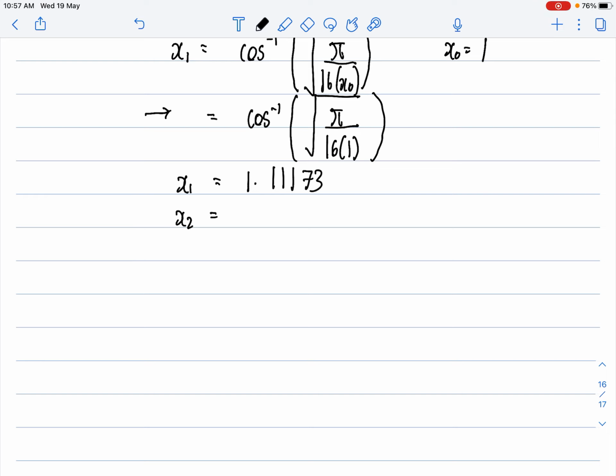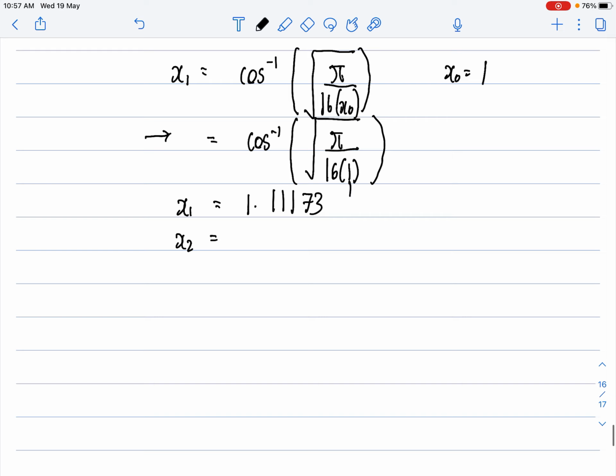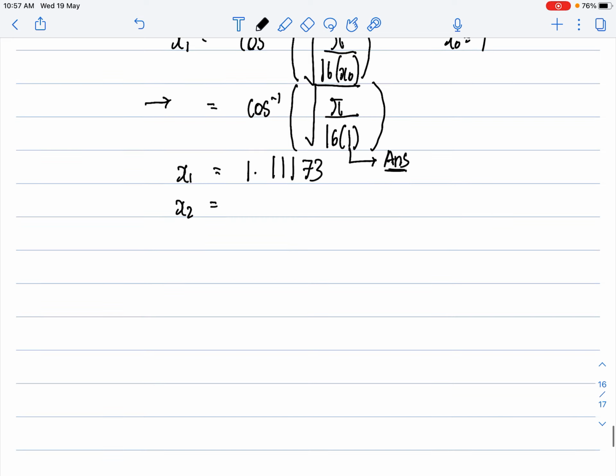Now for x2, instead of putting 1 here, I need to click on the answer button on the calci. So remove 1, click on the answer button and click on equal to. So I get 1.13707. Now for x3, I can just click on equal to to get 1.142.